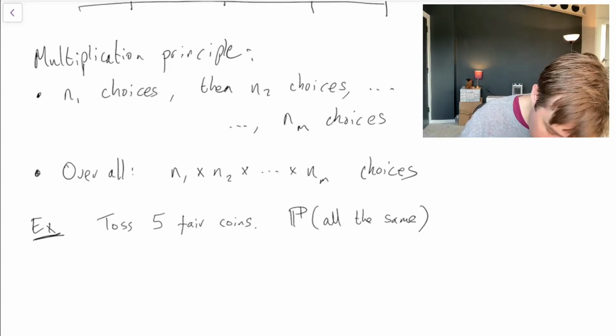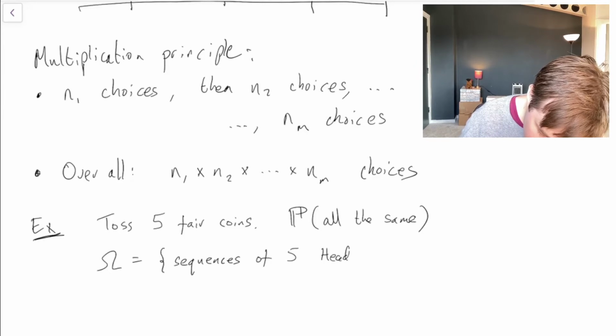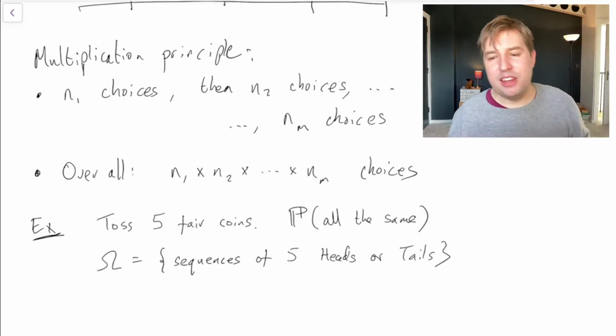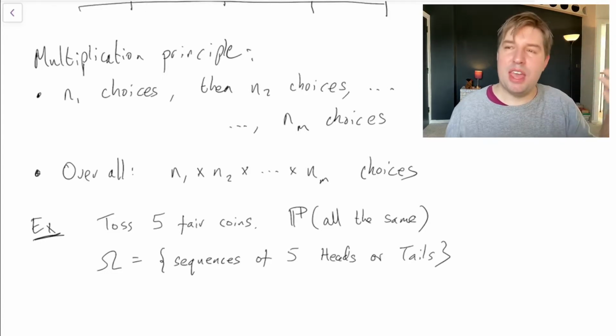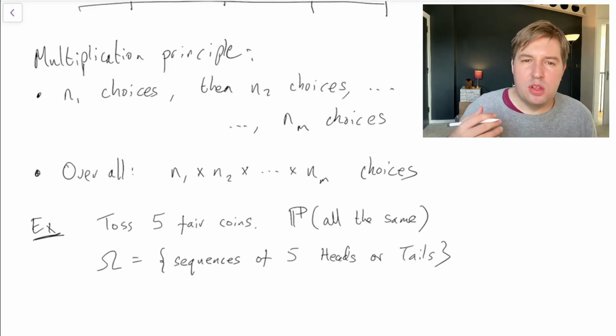So here, the sample space omega is the set of all sequences of 5 heads or tails. By that I mean, it could be head, head, head, head, head. It could be head, head, head, head, tails. It could be head, head, head, tails, head, etc. So, how many elements are there in omega? That's what we need to know.